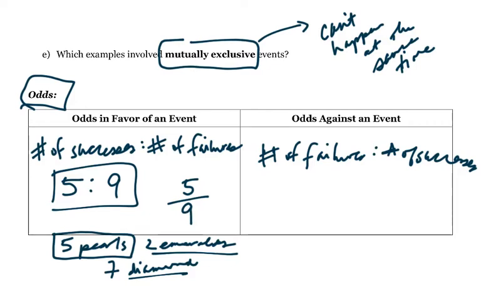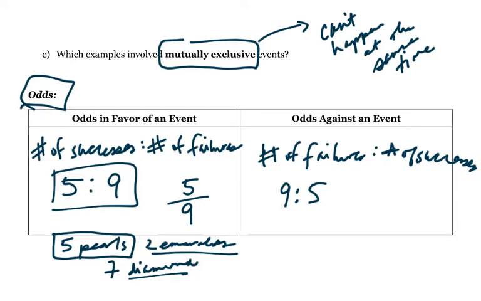Now if I was looking at the odds against my event, that's going to be the opposite, the number of failures to the number of successes. So in this case, with my pearls versus everything else, the failures sum together to be 9. And then with the colon form, we'd say 9 to 5.